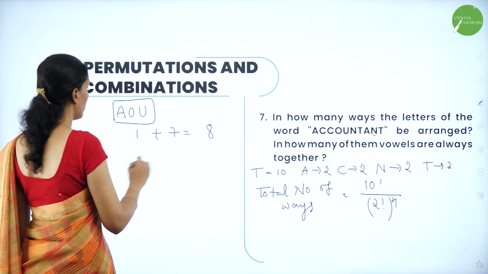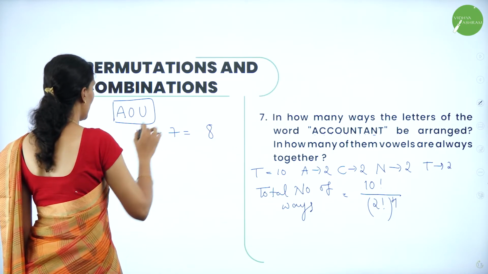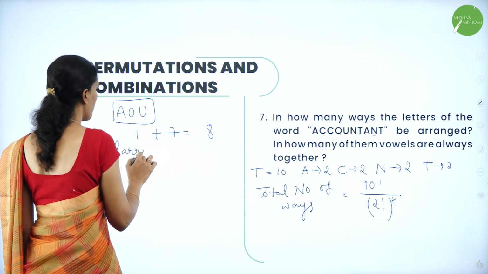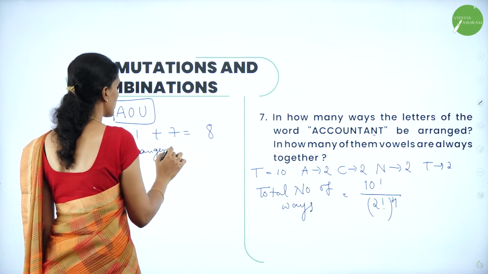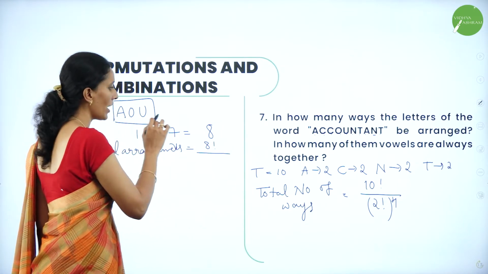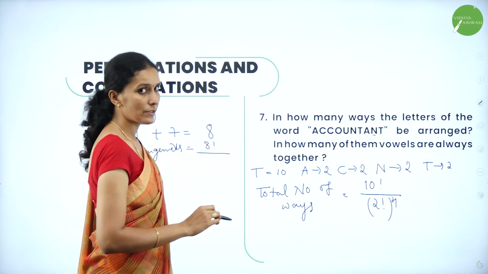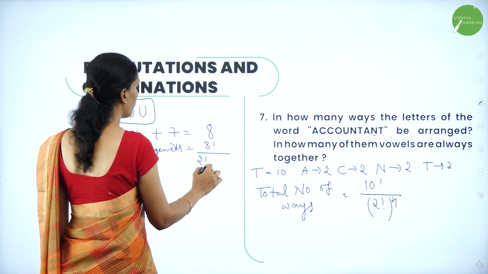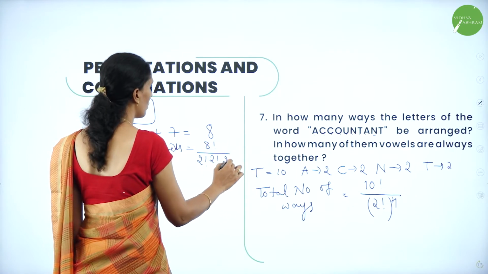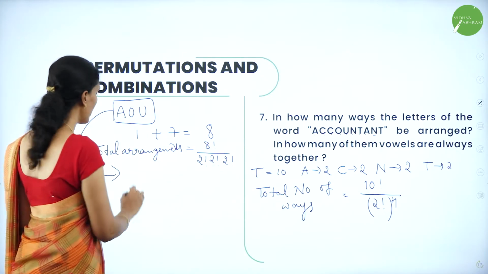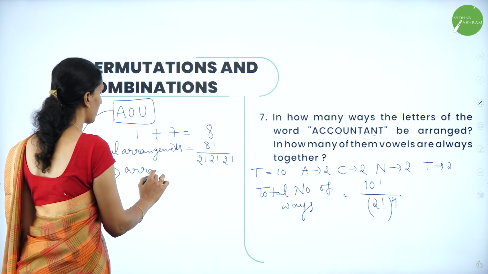So therefore, here total arrangements will be 8 factorial. But except A, O, U, we have letters which are being repeated, that is C, N, T. So therefore, 2 factorial, 2 factorial, 2 factorial. What about this? Arrangement of vowels.